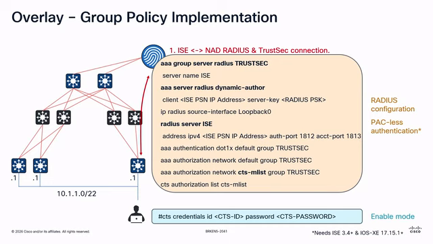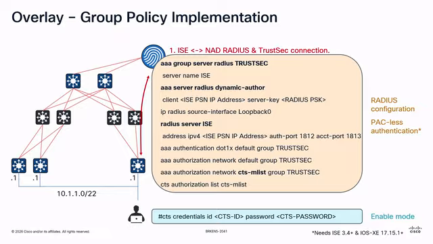So first, we need to configure RADIUS and TrustSec connectivity between the switch and the ISE. Notice, I'm showing you the PAC-less configuration. Why is it important? When TrustSec was released in 2008, it was using PAC files, protected access credentials. It's like a cookie.